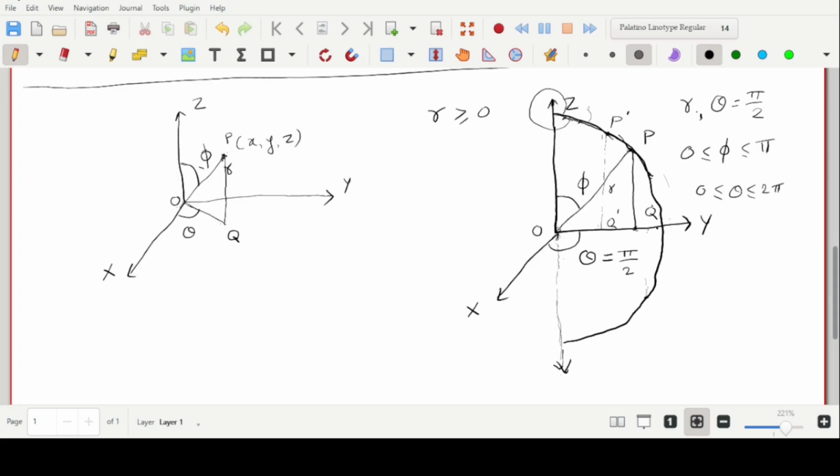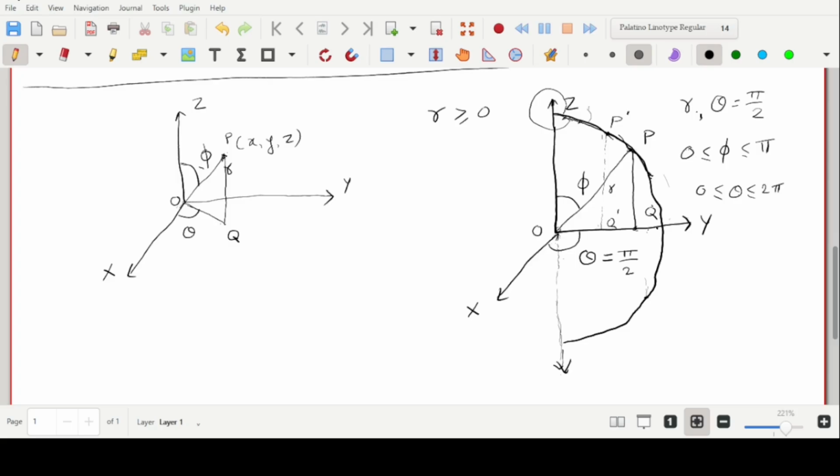Alright, and suppose now this holds for every r. That means if we want to get a point at a distance r from the origin, then for some value of phi and some value of theta, we must find it somewhere, for that fixed value of r.